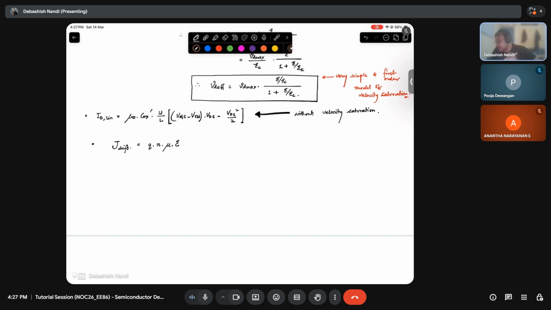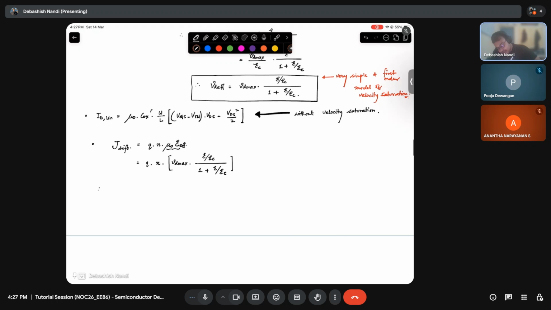Or in other case, this part, you can write as VD max times E by EC. So this is E effective. Let's say this is mu 0: VD max times E by EC over 1 plus E by EC. Okay. Is it clear?